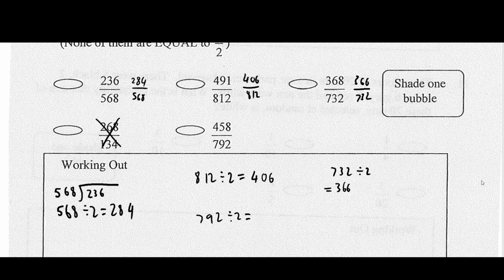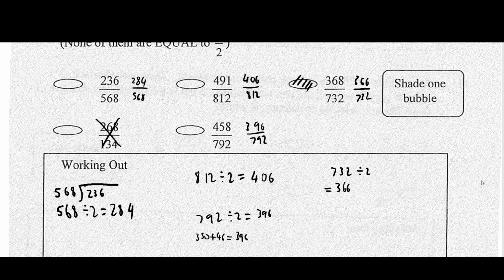Now 92 divided by 2 is going to leave us at 46. Yep, so that's 350 plus 46, which is 396. All right, 396 over 792. So you look, which one of these is closest? And it's this one.